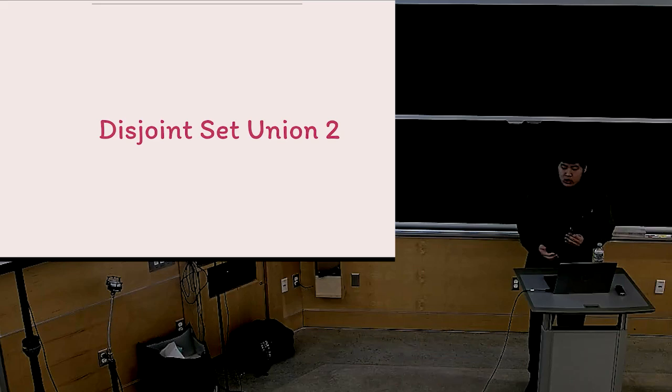Last time, or yesterday, we covered disjoint sets, or DSUs for short, and today we'll be covering a couple of extensions or other ideas that draw from knowledge and general motivations behind DSU.